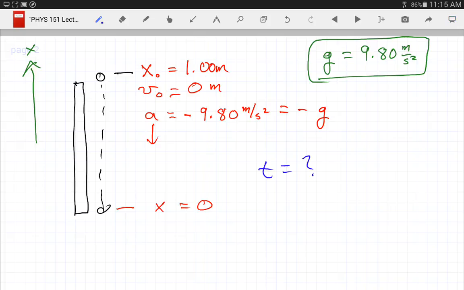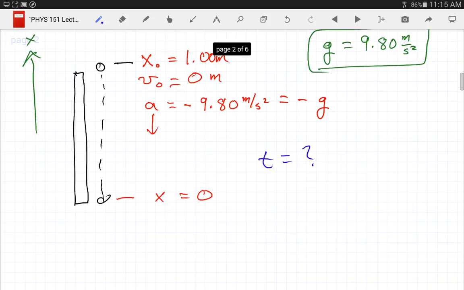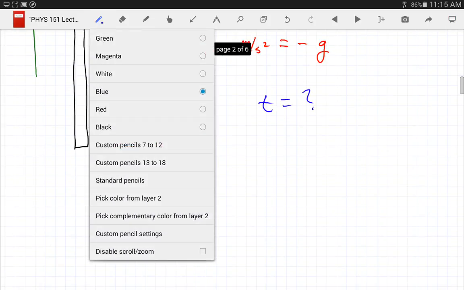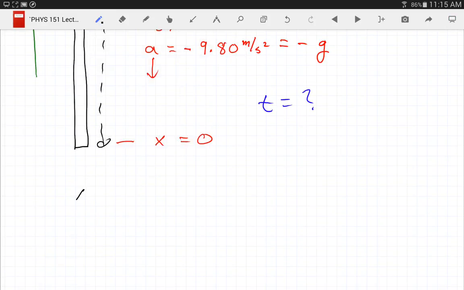Then I do my work. So I've determined the equation I'm going to use, and then I just put in my values.